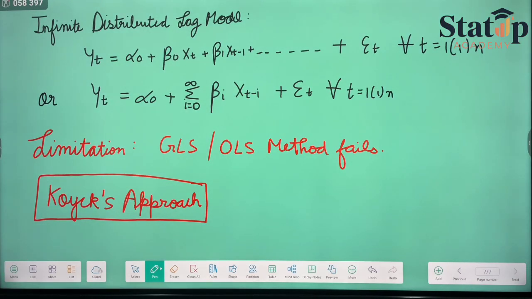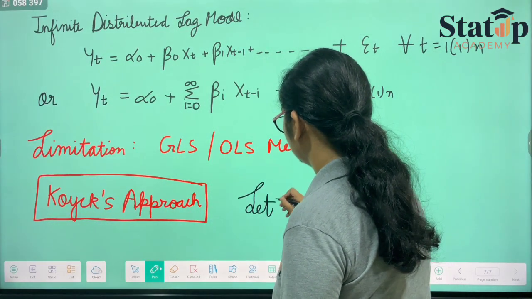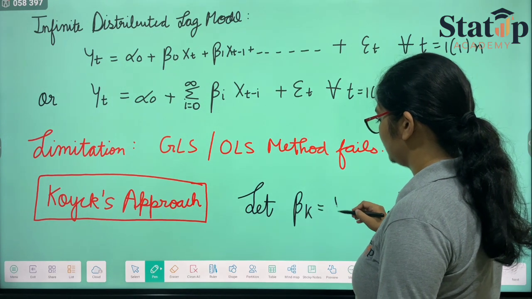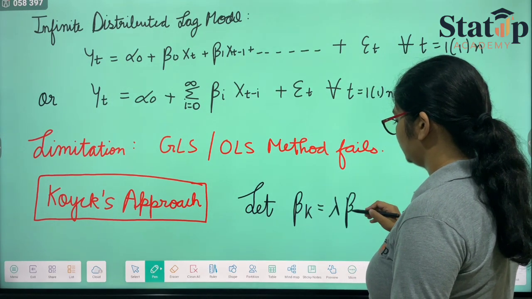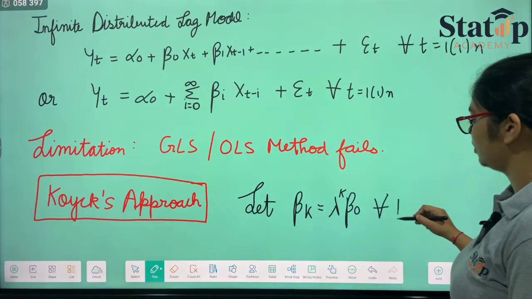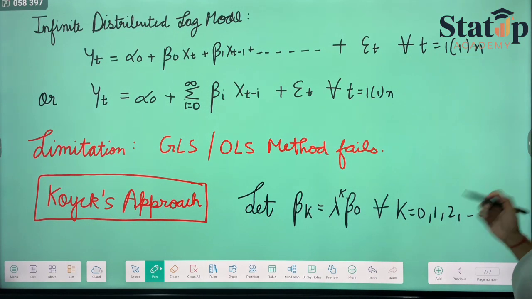Now, what does Koyck's approach say? Koyck's approach basically says let beta k be equal to lambda to the power k into beta naught, for all k going from 0, 1, 2 up till wherever it goes.